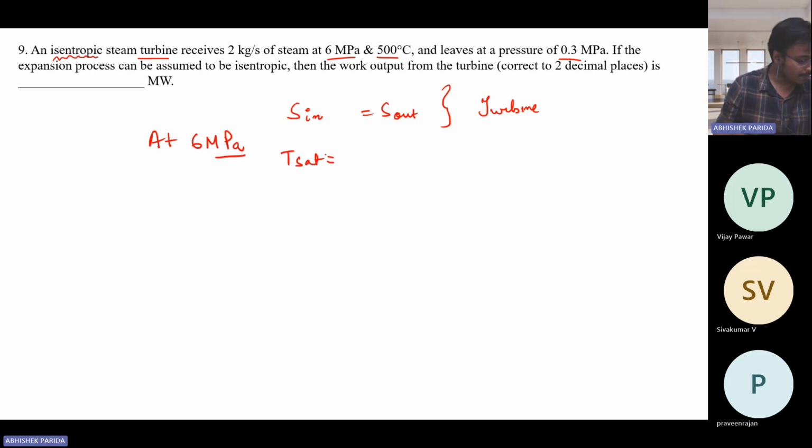I'm referring to table A5 at 6 megapascal, that means 6,000 kilopascal. I'm getting 275.59 degrees Celsius. This is the T saturation, but our temperature is greater. It is 500 degrees Celsius. That means it is superheated steam.